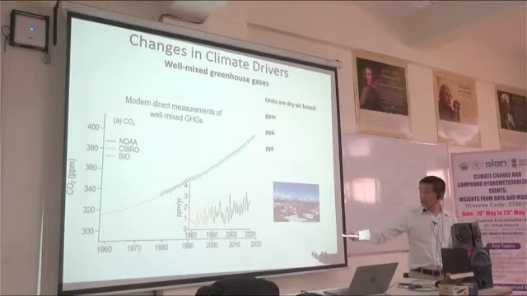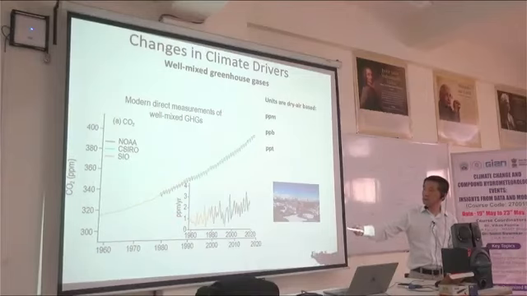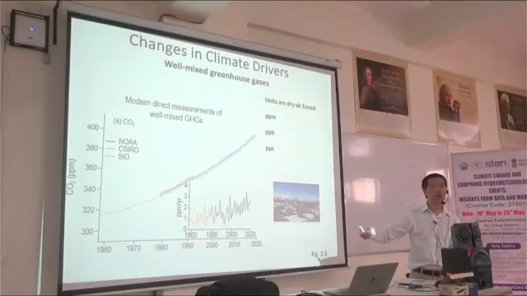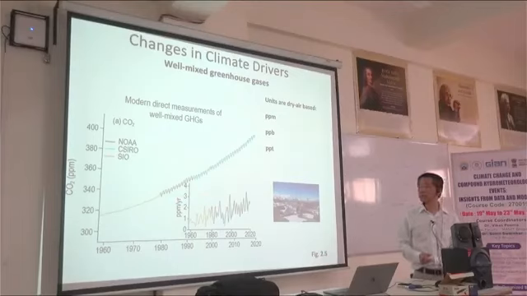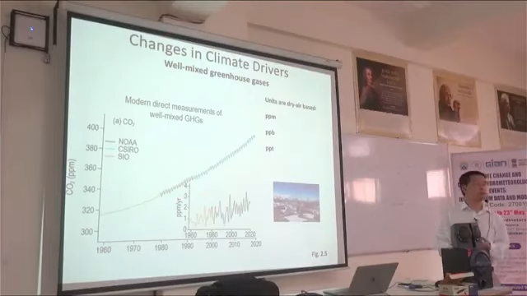In this inset, this one is a derivative, the first difference between this year's number and last year's number. You get the rate of change. So this is the overall concentration change, and this is the rate of change.